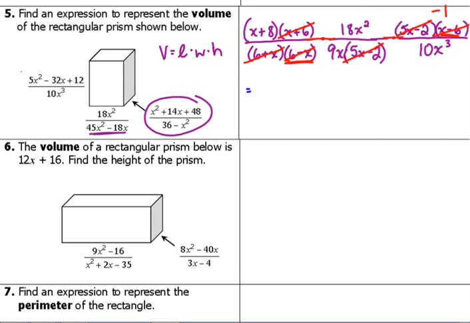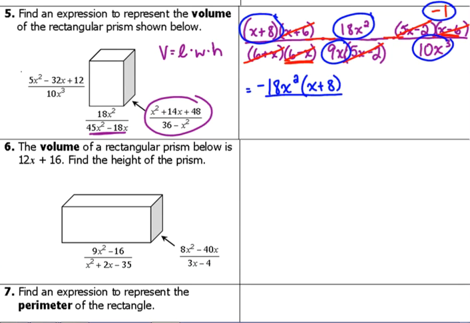So let's just copy down what we've got. We have negative 1 times 18x squared. So let's make that a negative 18x squared, and x plus 8 in the numerator. In the denominator, all we've got left is 9x times 10x cubed. So let's go ahead and multiply that. 90x to the 4th.